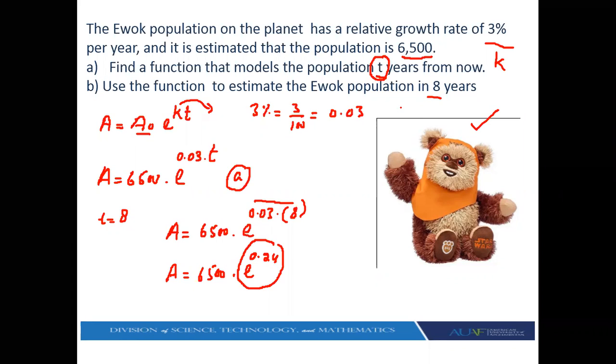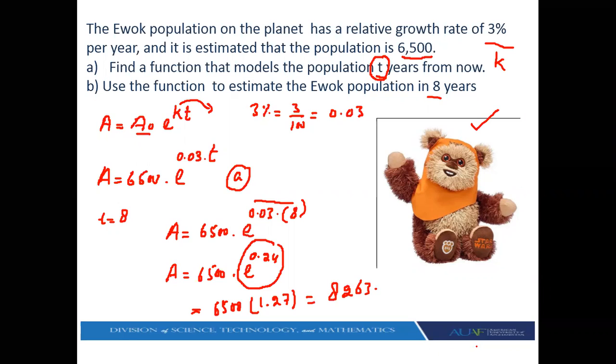So use e power x, then put the value 0.24. E power 0.24 is equal to 1.27 something. So multiply 1.27 with 6,500, which equals 8,263 something.